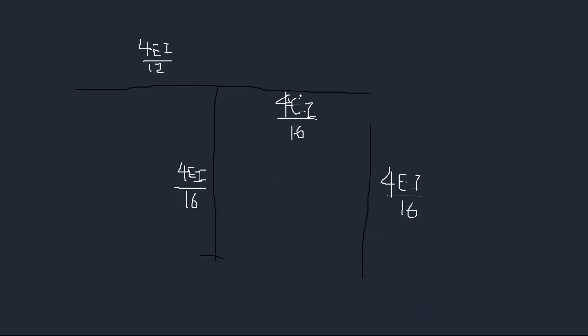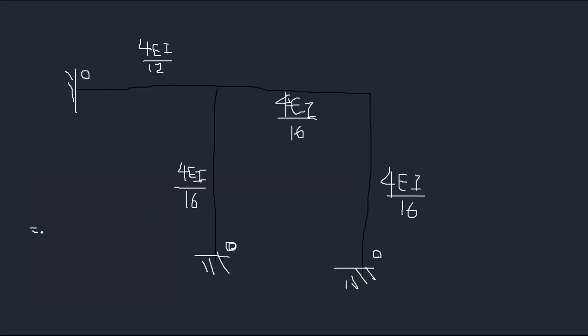Okay. So we need to determine what percentage of bending moment each member will take, right? That is proportional to the distribution factor. At the fixed support, the distribution factor is 0. I have told you the reason in the first or second video.